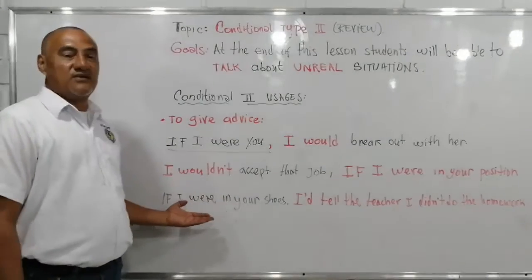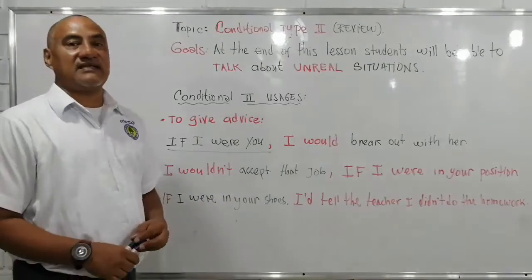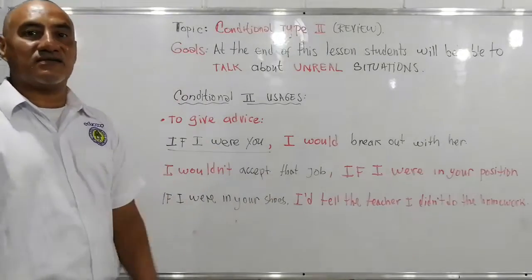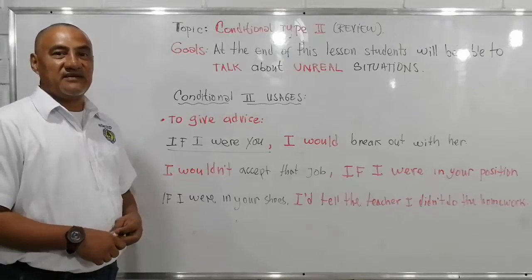Si yo estuviese en tu posición, le diría al profe que no hice la tarea. Right? Then this is another way to use the second conditional. Remember, to give advice or to express an opinion.